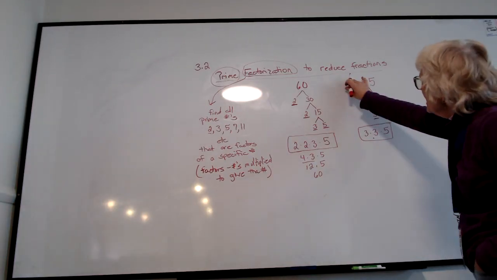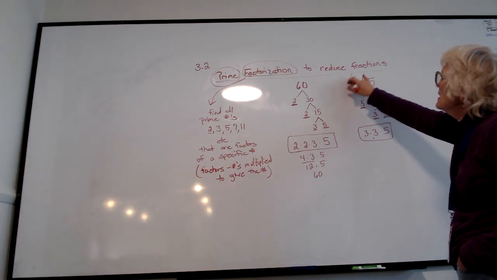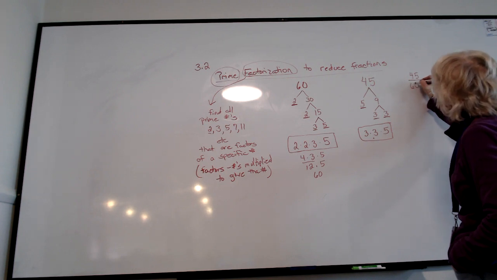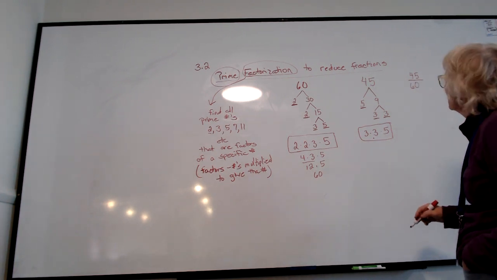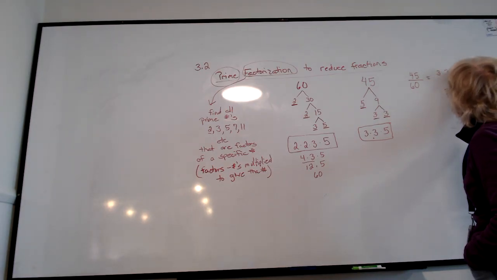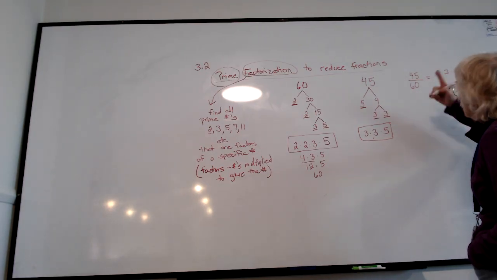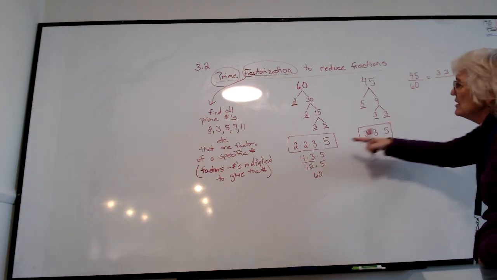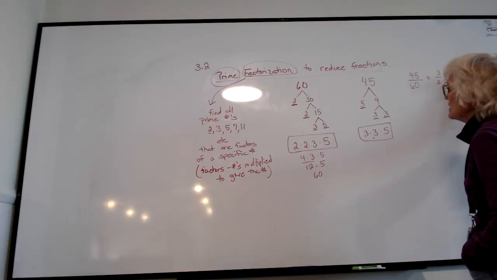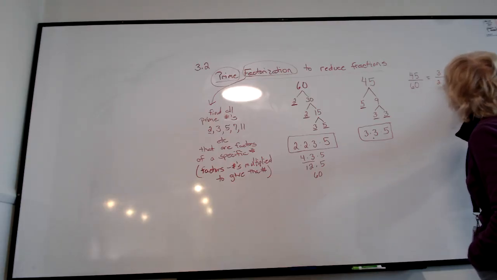Now, let's say we had these as a fraction. So if I had 45 over 60, what you can do is say, okay, 45 is 3 times 3 times 5, because that was our prime factorization. On the bottom, 60 is 2 times 2 times 3 times 5.